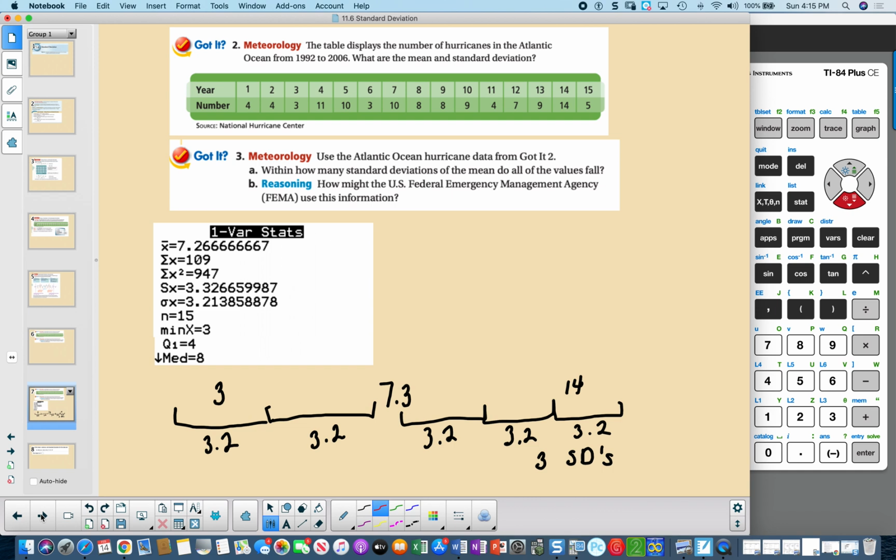And we can see that 7.3 is the mean, and the standard deviation is 3.2. The largest value is 14 hurricanes, and the smallest is 3. So if we go over 3.2, another 3.2, and another 3.2, within 3 standard deviations we'll get all our data, and that's what they're asking. How many standard deviations do we have to go to get all our data within that?